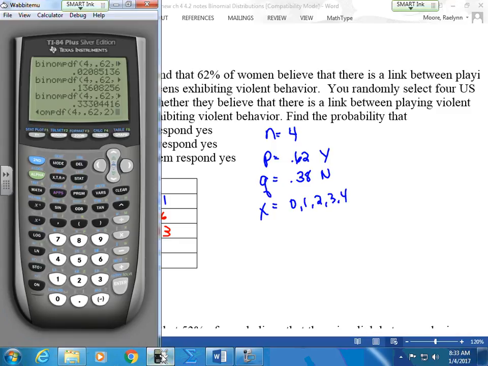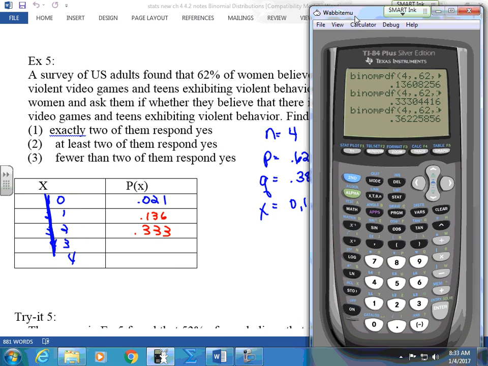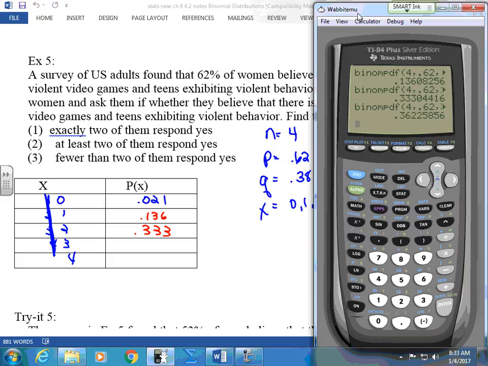We've been like this all day. Such weird things happening to my board. 0.362. One more. A 4. At 0.148.